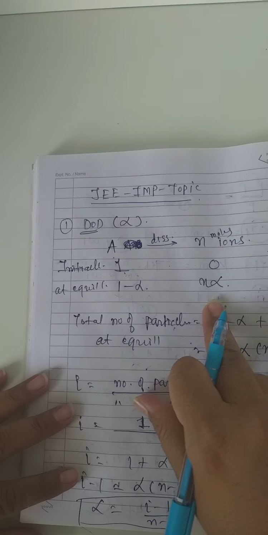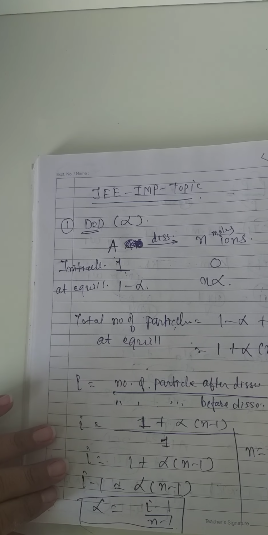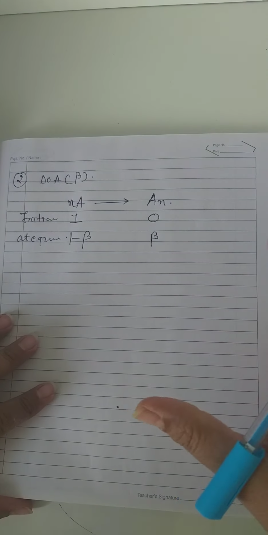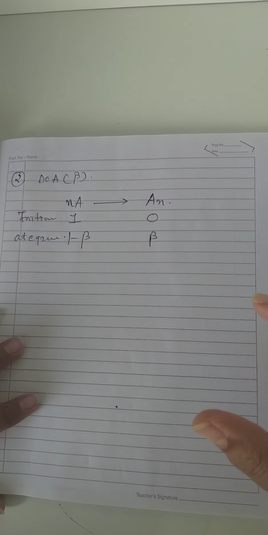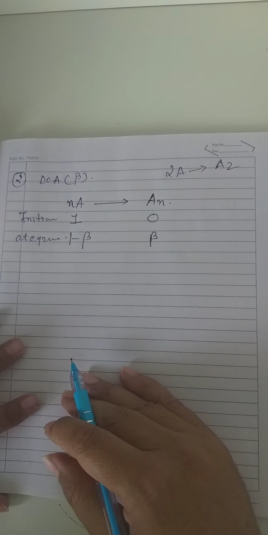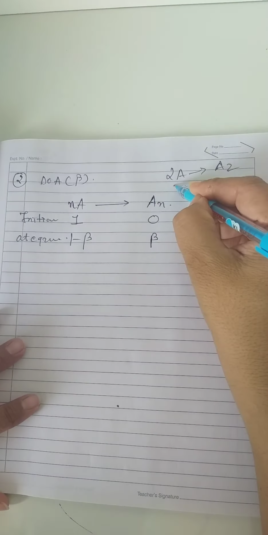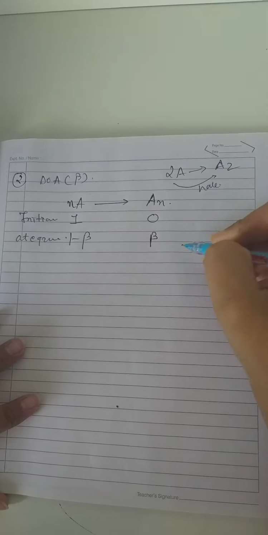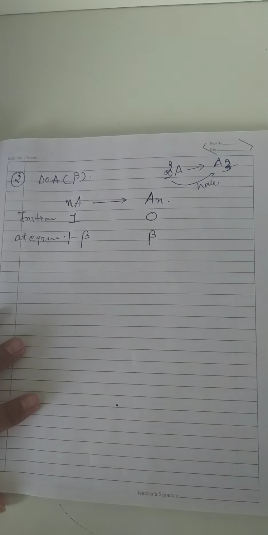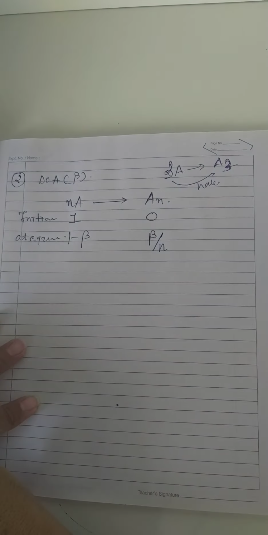But keep in mind that here all the n moles associate. Suppose 2A becomes A2: if it is 2 moles, it becomes 1 mole, that is half. If it is 3, it becomes A3. So here we divide by n because the number of moles decreases.